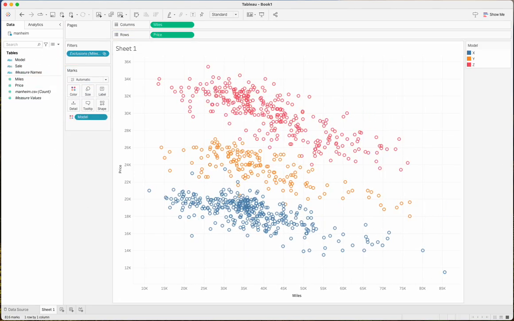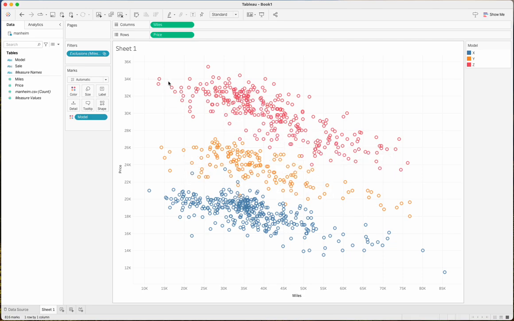And so we see three different models of the cars, X, Y, and Z, giving us three different bands over here. But we also see the correspondence between price and miles. The greater the miles on the car, the lower the price you get on the car. This applies to X model cars, Y model cars, and Z model cars.